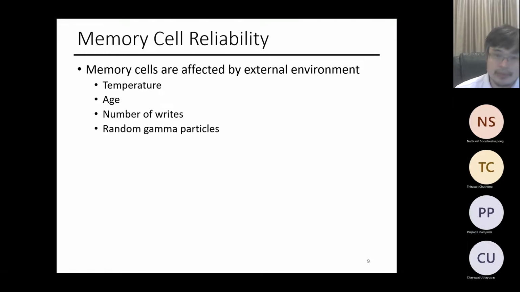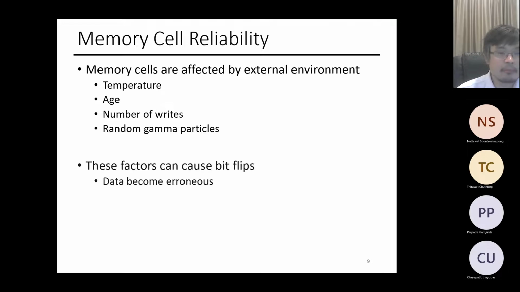As it gets older, the cell is also not as effective at storing charge. Some cells will be impacted by the number of writes that happen to the cell, or even things like random particles in the air that hit the cell in the right way. It can bounce off the electrons, and this factor basically causes bit flips.